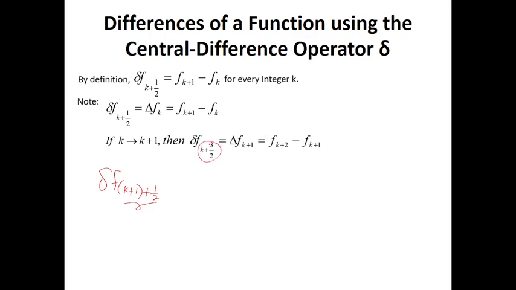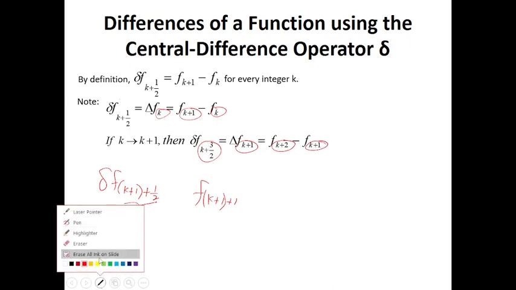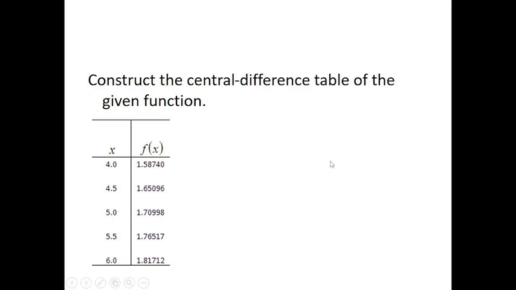And then this becomes f sub k plus 1 plus 1. K becomes k plus 1, then another plus 1, so we have k plus 2. So in here, k becomes k plus 1. So that will be the corresponding conversion.